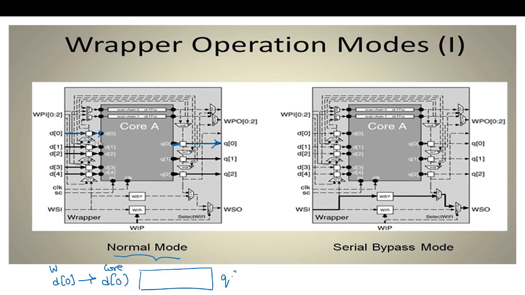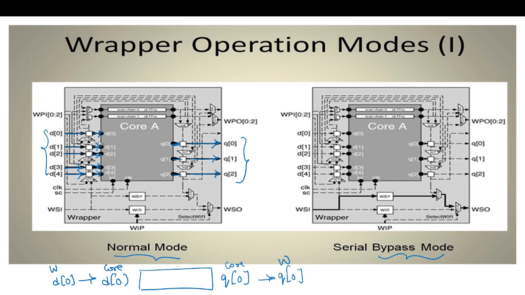It is obtained at the Q0 of the core and is available at the Q0 of the wrapper. So similarly for D1, D2, it is applied to the D0 to D4 from this wrapper D0 to D4, and the response is available at the Q0 to Q4. So this is the normal mode of operation. What is the bypass mode of operation?